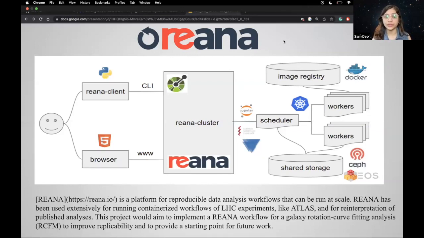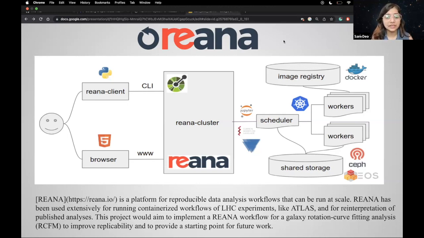REANA is a platform for reproducible data analysis. Reproducibility and reusability in research and computational data analysis are really important when using different operating systems, different parameters, different experiments, and different data. In high energy physics, REANA gives an effective code and data reuse platform.